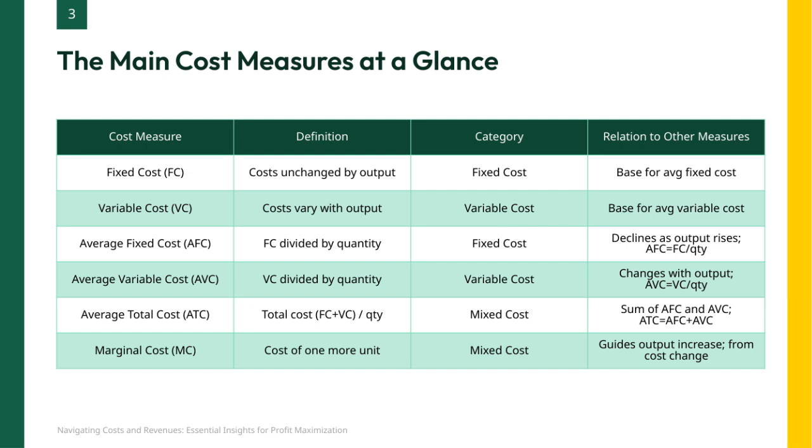Total cost combines both fixed and variable costs, and its average, the average total cost, is just the sum of the average fixed and average variable costs. Lastly, marginal cost represents the additional cost of producing one extra unit. This measure is critical because it helps decide whether producing more units is economically beneficial. Understanding these relationships and how each measure connects is key to managing production costs efficiently.